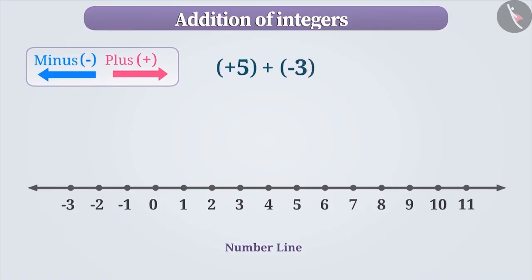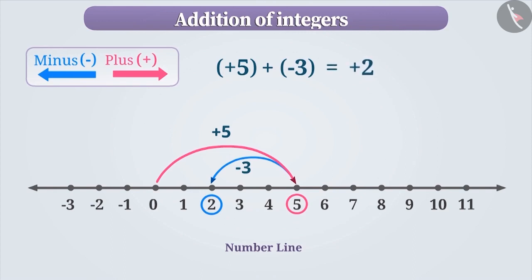How do you think we'll do it? You got it right. To mark +5 first, we move 5 steps towards the right of 0. Now to add -3 to it, we move 3 steps towards the left of the first integer, resulting in +2. Now let's learn how subtraction of integers is done.